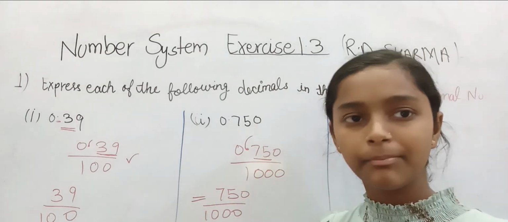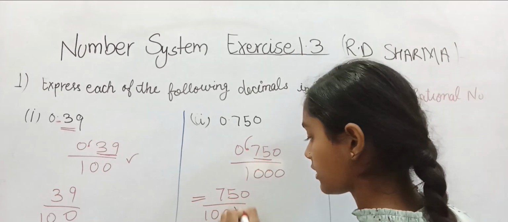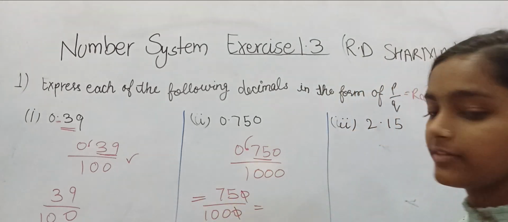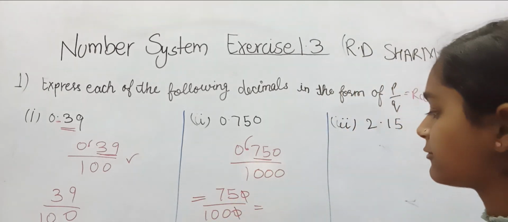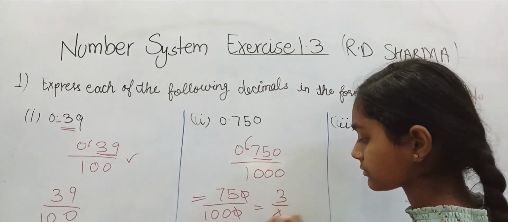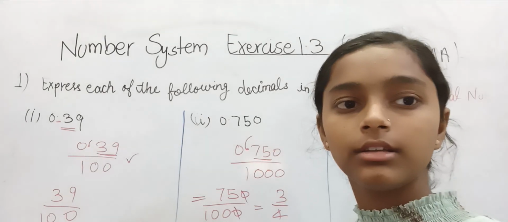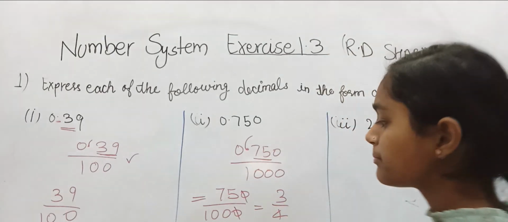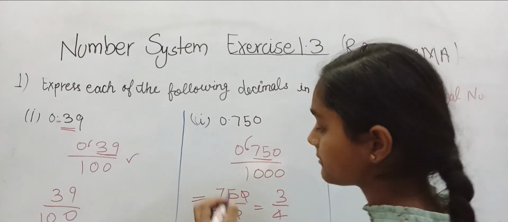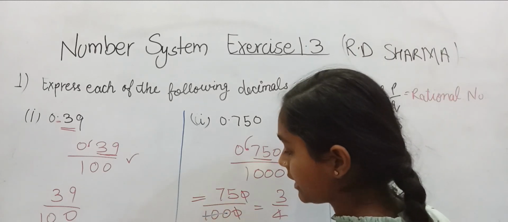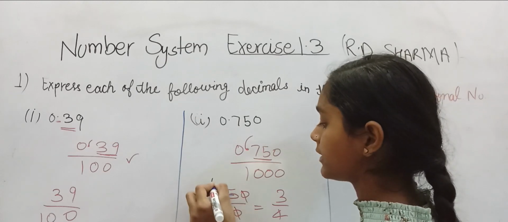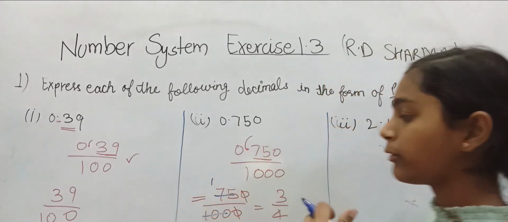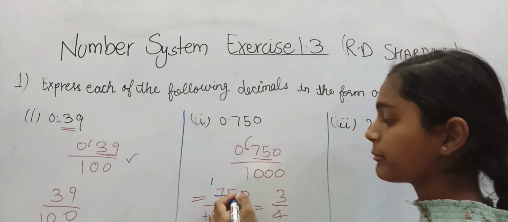And if we simplify it more, it would be 75 by 100, which is 3 by 4. Let's see how it would be 3 by 4. We'll divide it by 5: 5 2s are 10 and a 0 here, 5 1s are 5, and the remainder is 2. So it would be 25.